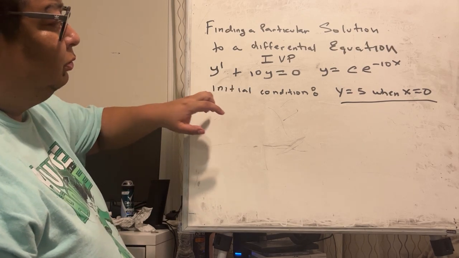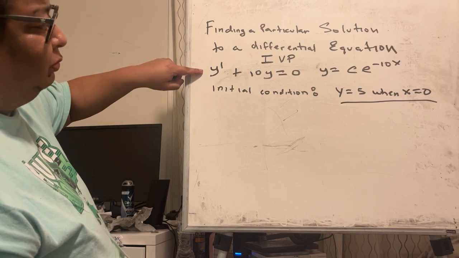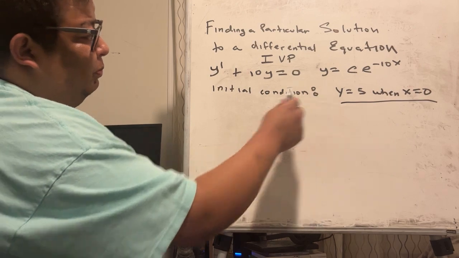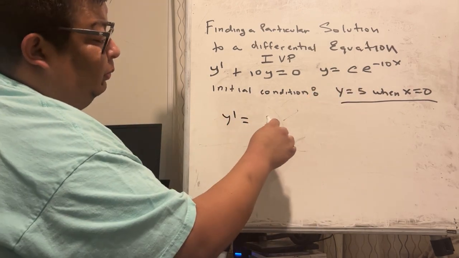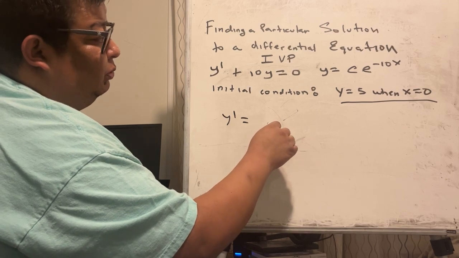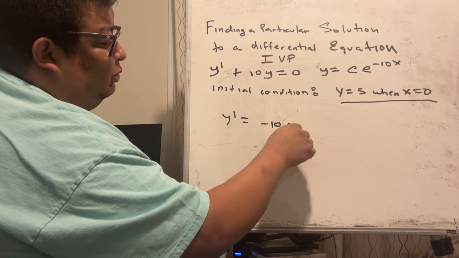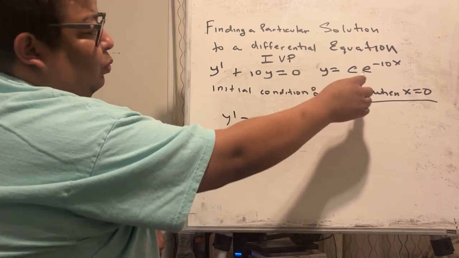To prove that this is the general solution to this differential equation, we can check it. y prime is equal to minus 10 c e to the minus 10x, and y is c e to the minus 10x.